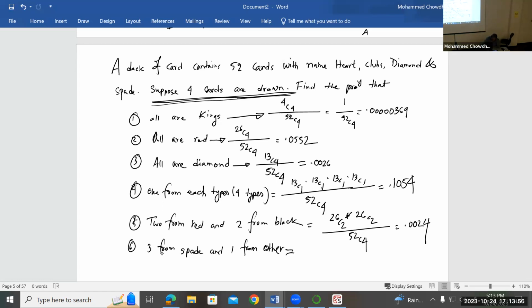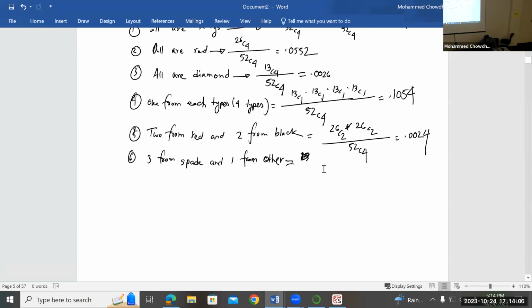So 3 from spade, 13 choose 3 times 39 choose 1, over 52 choose 4, right?